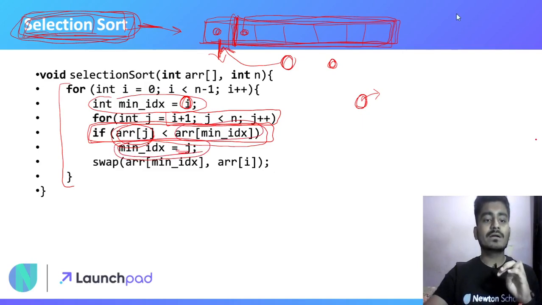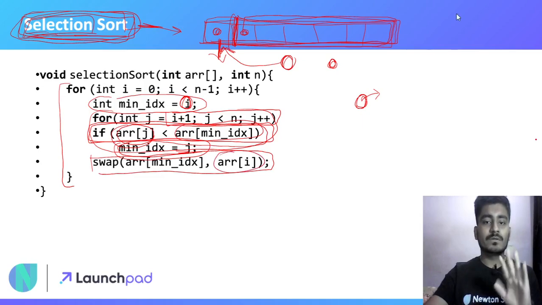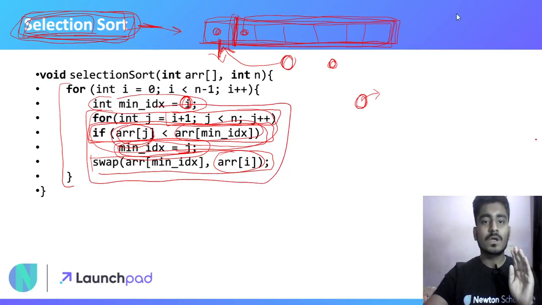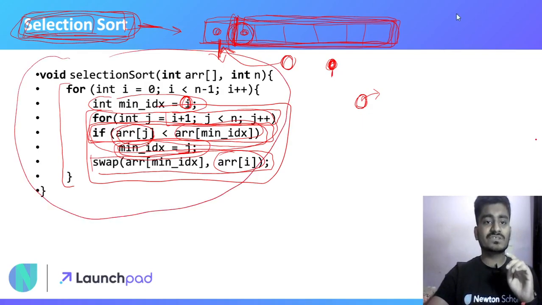And at the end of this loop, what you will simply do is swap this minimum index with the current element. So what you have done in the inner loop, you have simply iterated over the whole array, searched for the minimum element and swapped this minimum element with your current position i. So as I have told you, this is the simplest among the three.